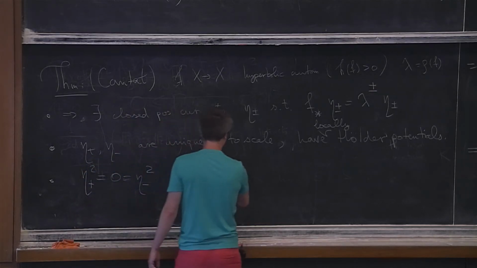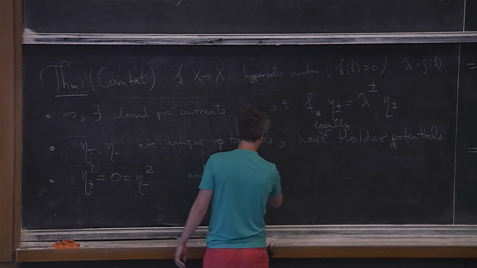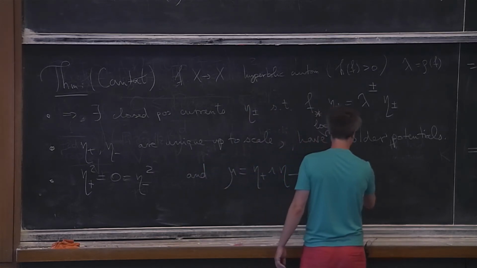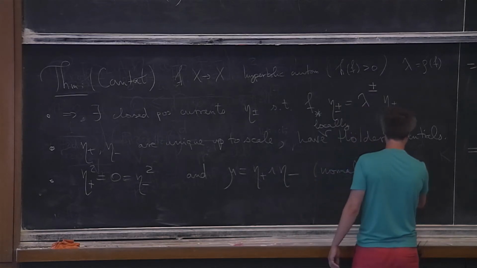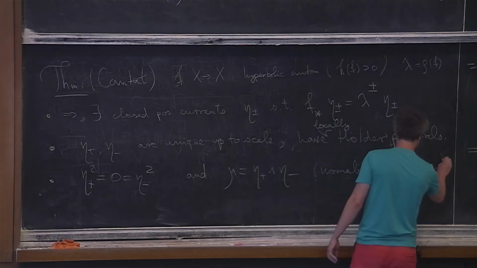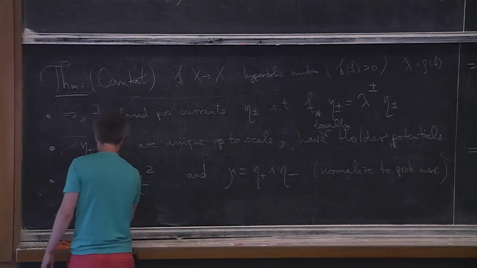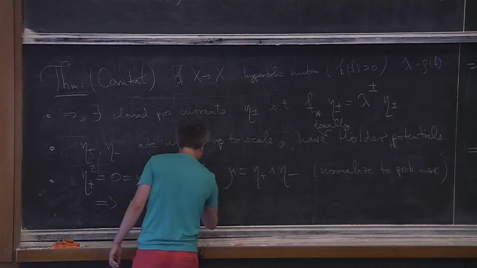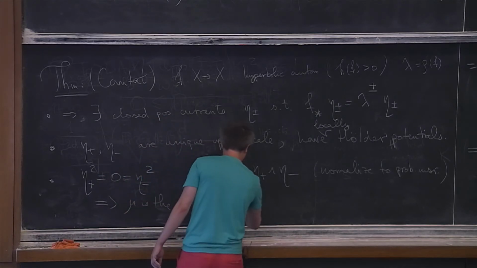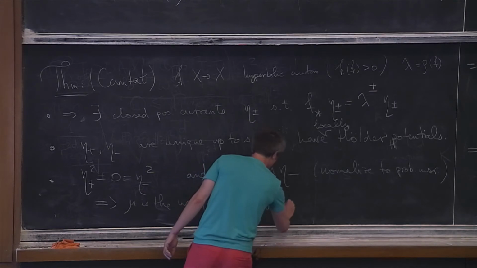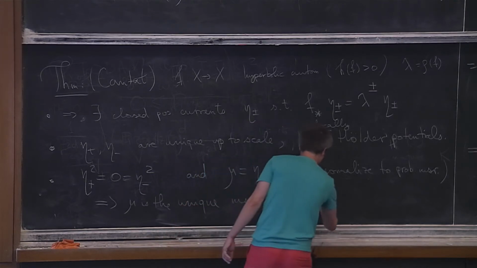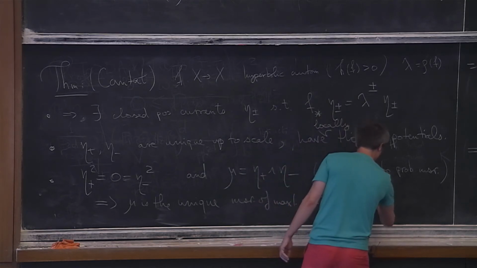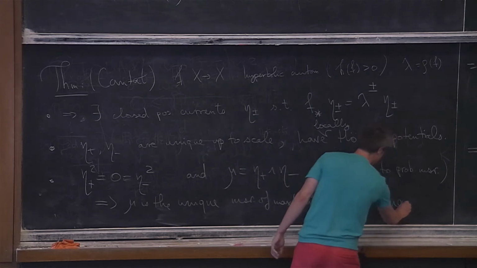And if you define mu to be eta plus wedge eta minus, normalized to a probability measure, then mu is the unique measure of maximal entropy. Moreover, it is also mixing, and so in particular, it's ergodic.